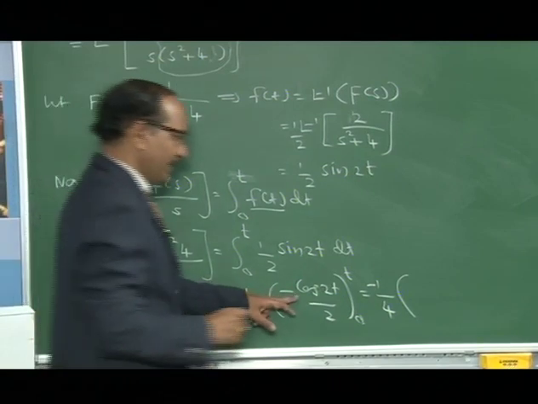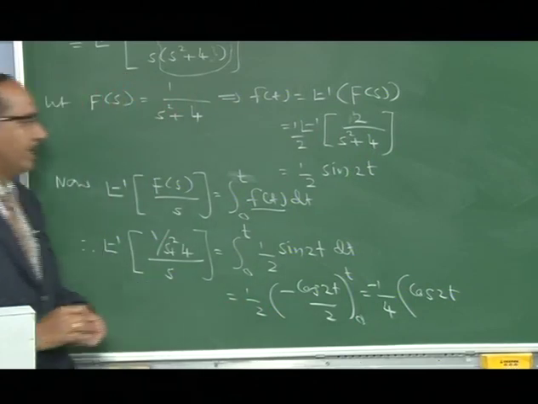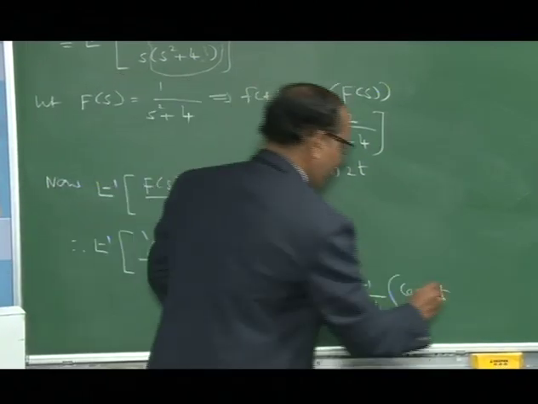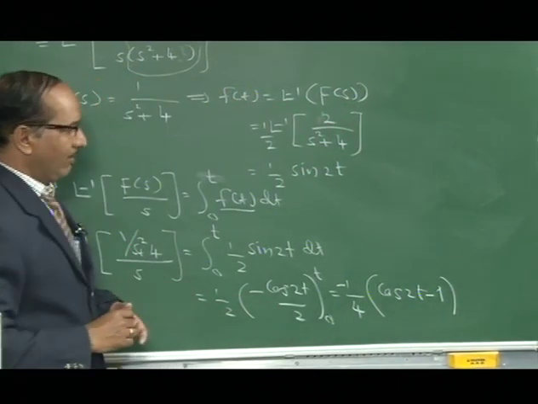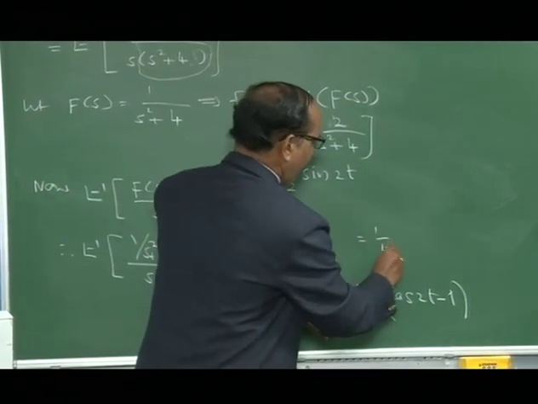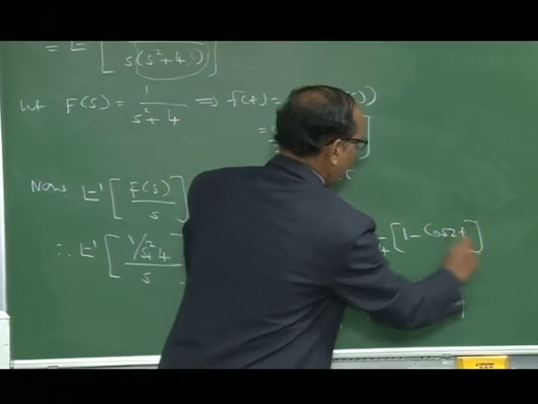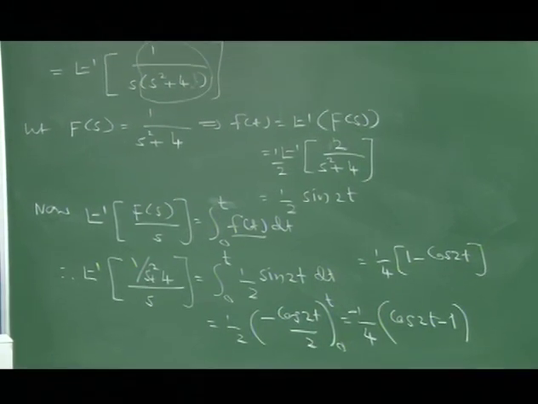So, that becomes cos 2t, then lower limit 0, cos 0 is 1. So, minus 1. So, that is the inverse of the given problem. One can simplify removing the minus sign, it is 1 upon 4, 1 minus cos 2t. So, that is the inverse of 1 divided by s cube plus 4s.